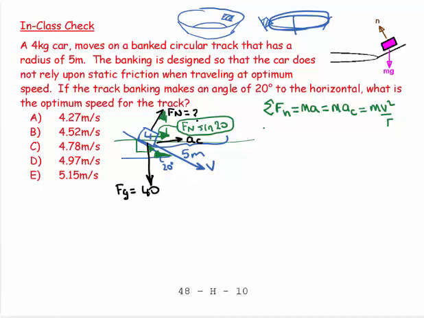And I say, well, Fn sine 20 is equal to my mass, which is 4, my velocity, which is 5, and I've got to square that over my radius. My radius is 5.